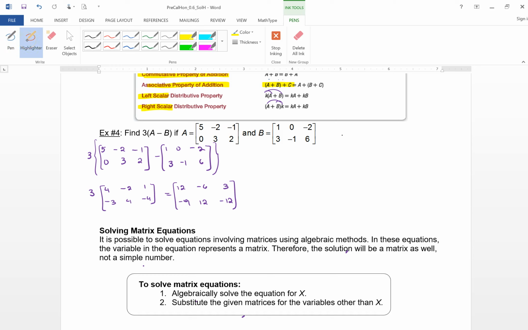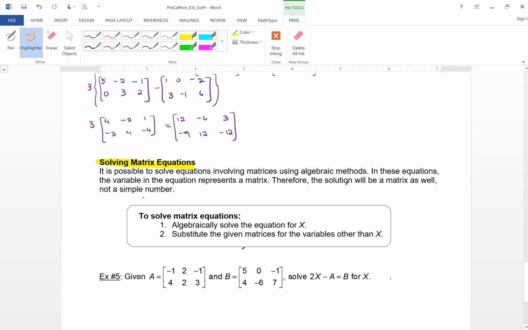Often we use matrices in equations, and we have to solve matrix equations. Just like when you use variables in equations, 3x minus y equals 7, you can do that with matrices. In this case, the variable is a matrix. Therefore, the solution will be a matrix as well, not just a simple scalar number. So how do we solve a matrix equation?